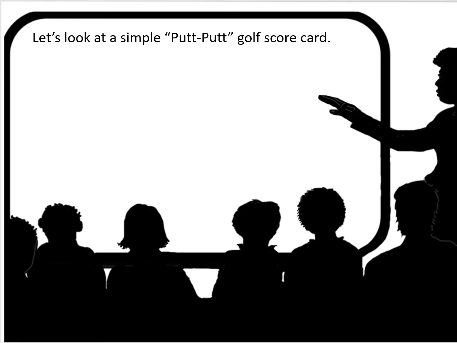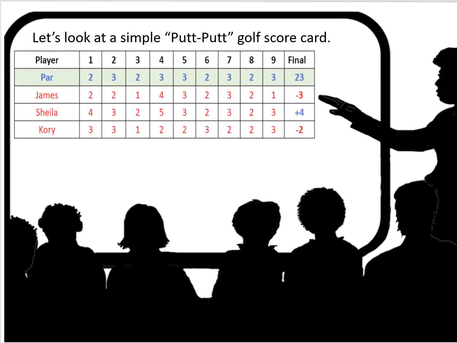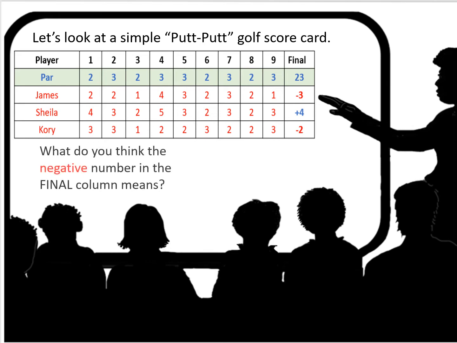Let's look at a simple putt-putt golf scorecard. James, Sheila and Corey are playing putt-putt golf, and here you see the holes, and we write their scores. Par is the standard, what a good golfer would be able to do on each hole.